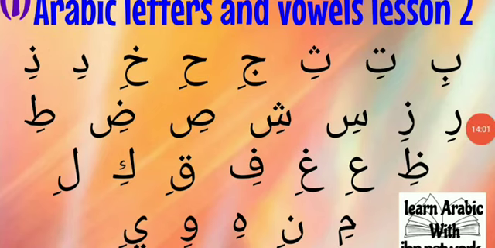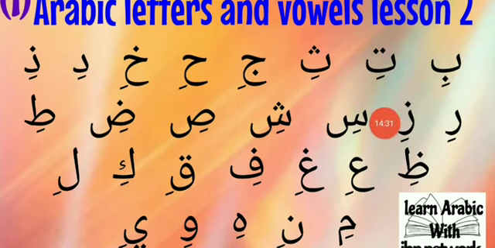Here we have ra together with kasra, so we say ra kasra ri, ra kasra ri. Zain together with kasra, so we say zain kasra zi, zain kasra zi, zi.